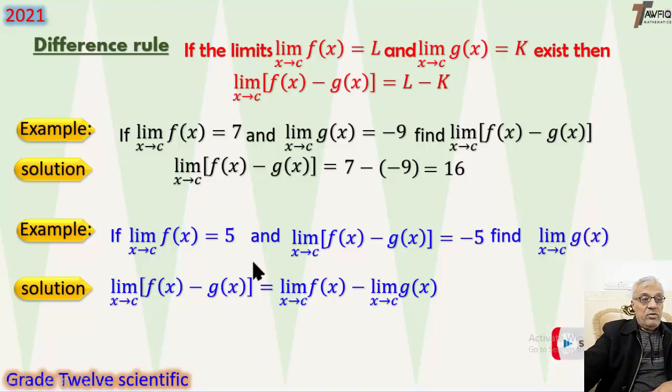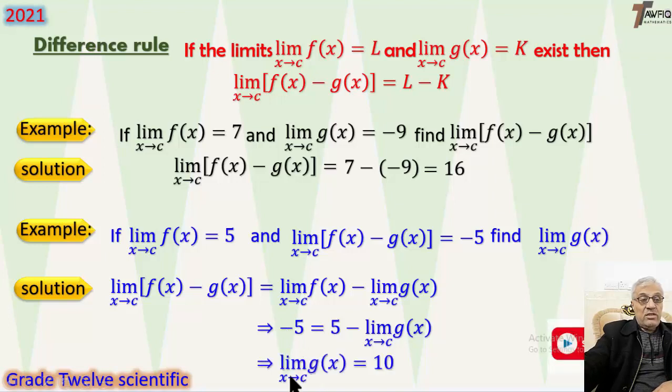Replacing the values, minus 5 equals 5 minus the limit as x approaches c of g(x). Now take the limit from right to left and minus 5 from left to right. The limit as x approaches c of g(x) is equal to 5 plus 5, which is 10.